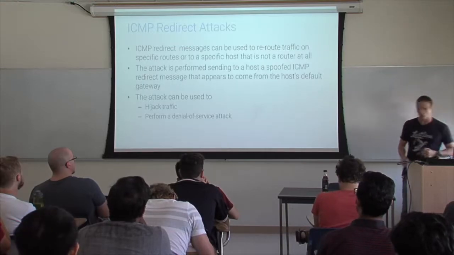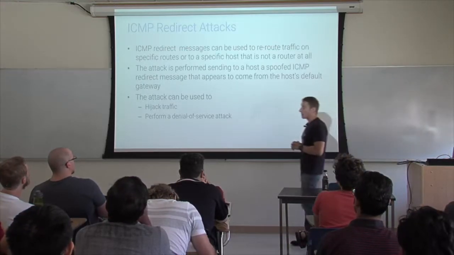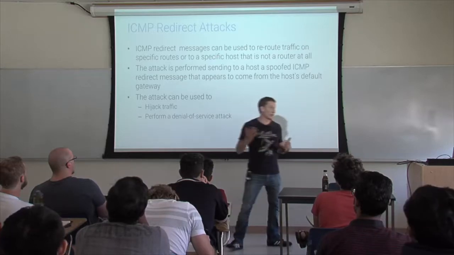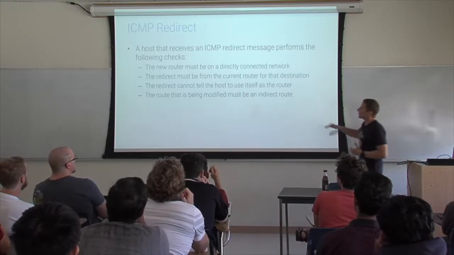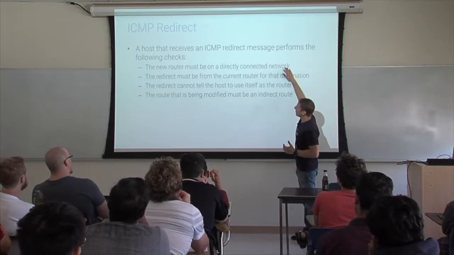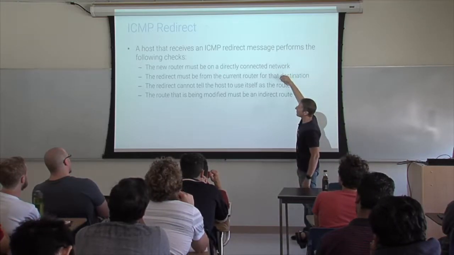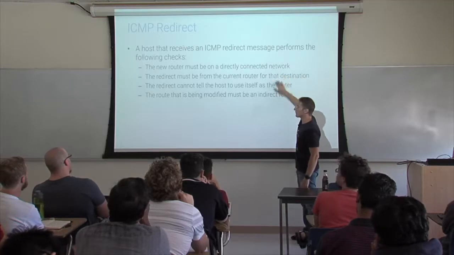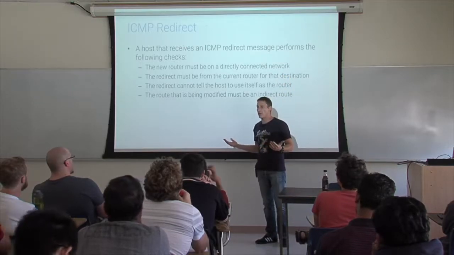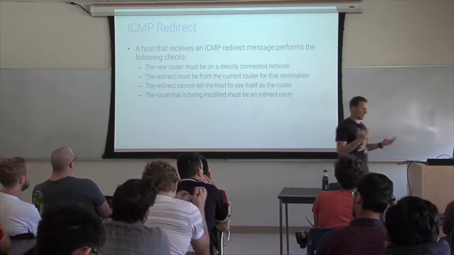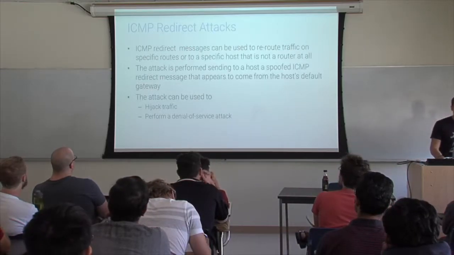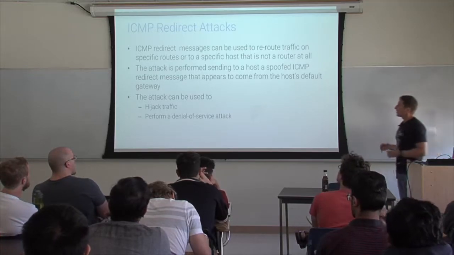Of course, people found a way to exploit this, because, look at all the security conditions. The new router must be on a directly connected network, fine, and the redirect must be from the current router for that destination. But there is no real authentication. This is IP. So you can spoof a message from the current router saying, hey, you should go somewhere else.